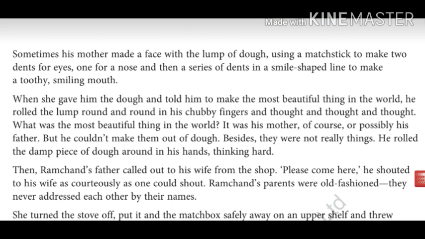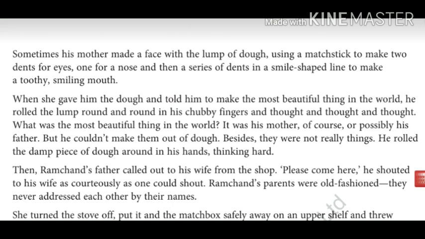Now let's read. Then Ramchand's father called out to his wife from the shop, "Please come here." He shouted to his wife as courteously as one could shout. Ramchand's parents were old fashioned. They never addressed each other by their names. Now the child is busy thinking the shape of what to make from that dough.